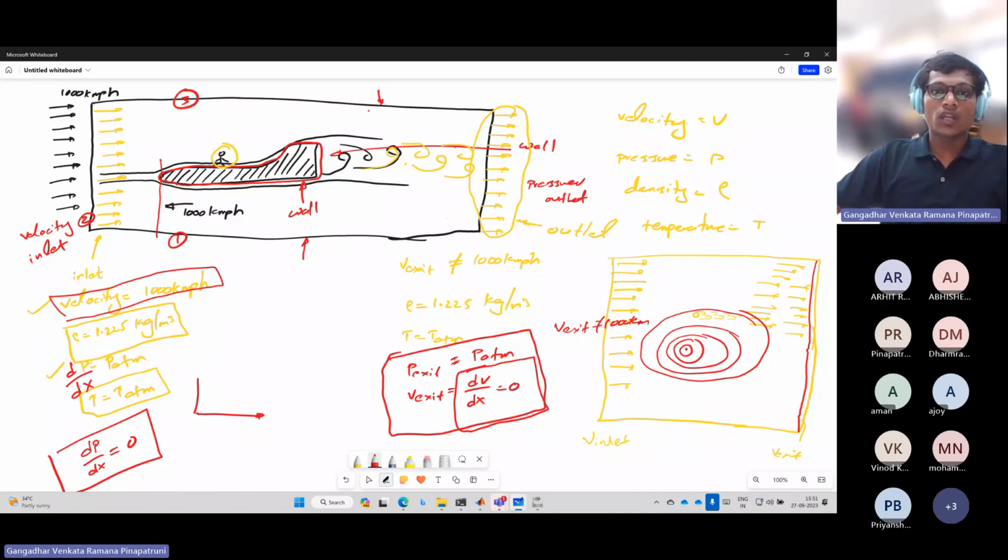So at the 1 and 3 boundaries, if you clearly see the application of the boundary condition in the later section in ANSYS Fluent, you will see that I apply the boundary condition only in the x direction.